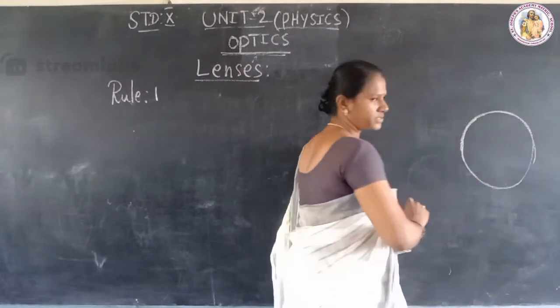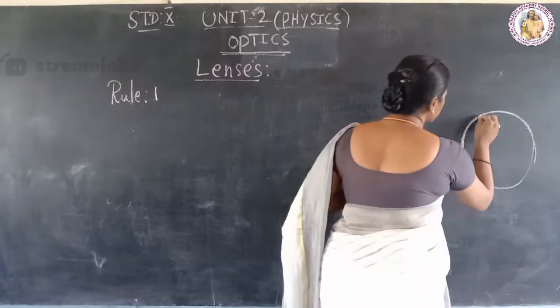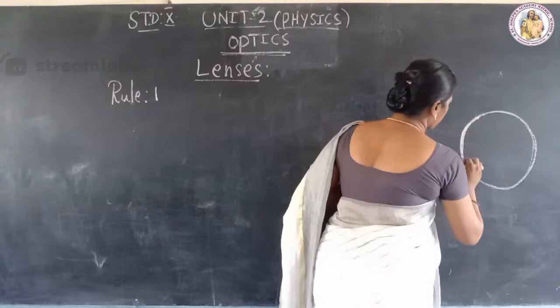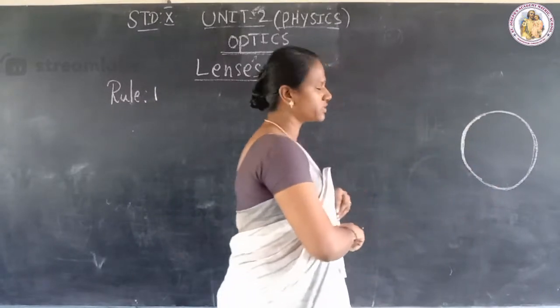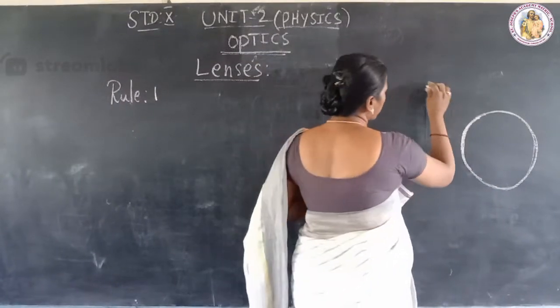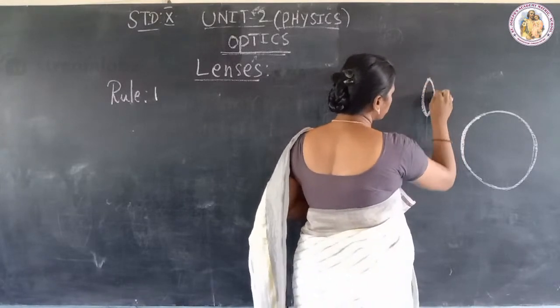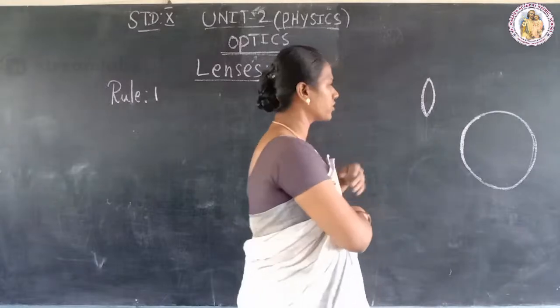We already know the spherical mirror. This is a spherical mirror. The two parts of the spherical mirror, curved outward, make the convex lens.